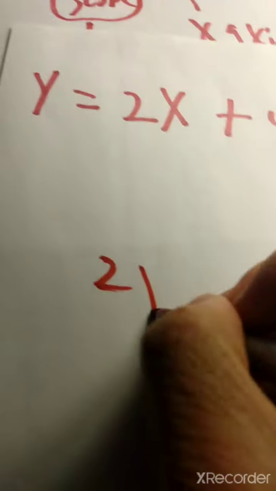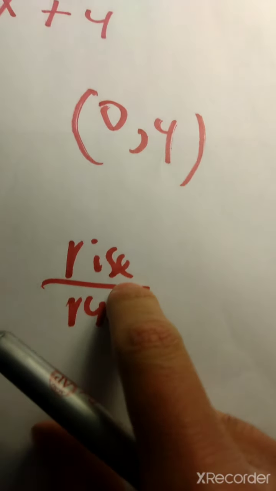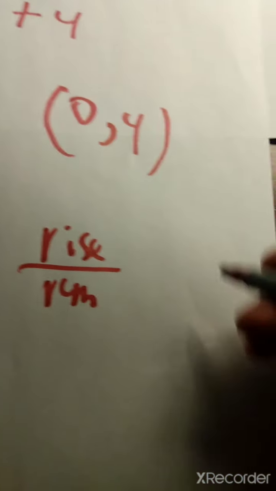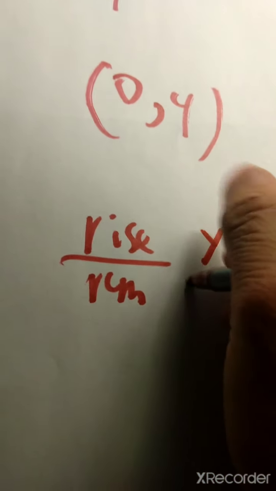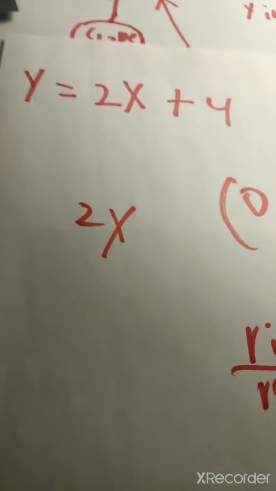With the 2x, we can say that it is rise divided by run, or y divided by x.